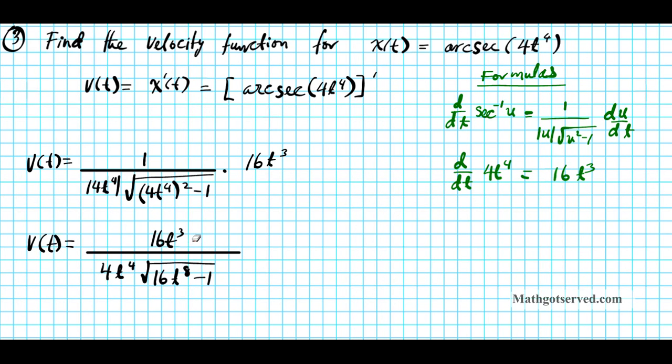All right? If you notice, we can simplify the numerator if we divide top and bottom by the GCF, which is 4t to the third power. So we can divide the top and bottom by 4t to the third.